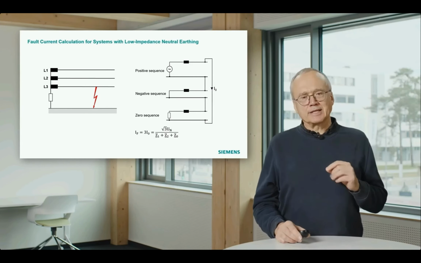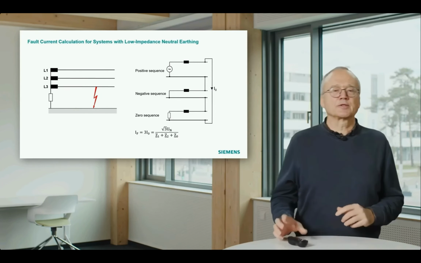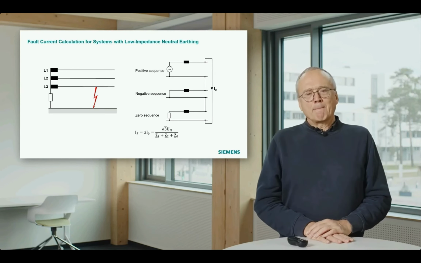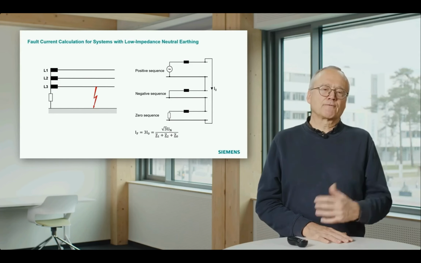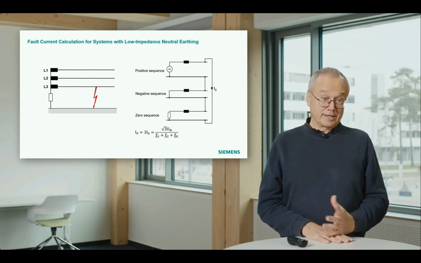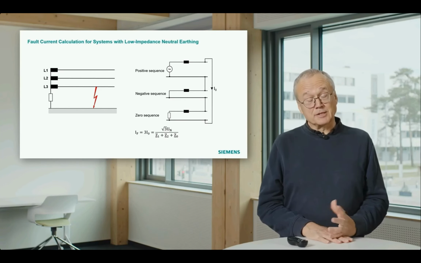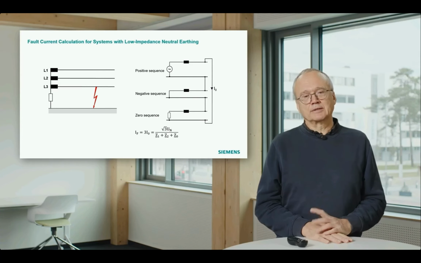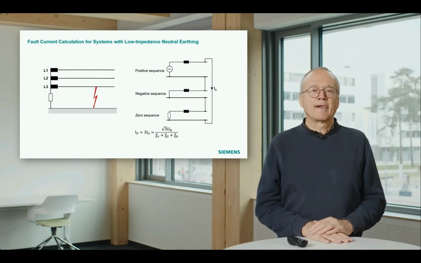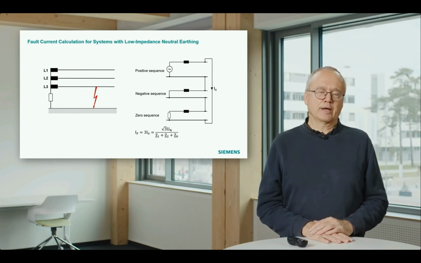Just to give you an idea about the value of such a resistor, in my early Siemens times, I did some projects in this area. So for instance, if you go into a 20 kV cable system and you put in a resistor around 6 ohms, you end up with a fault current of 2 kiloamps.